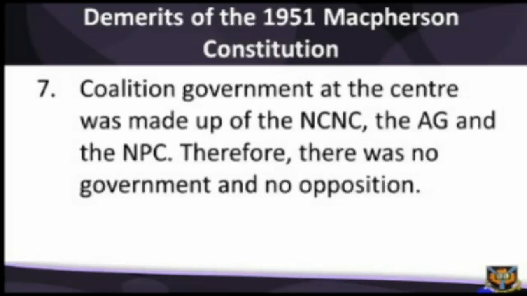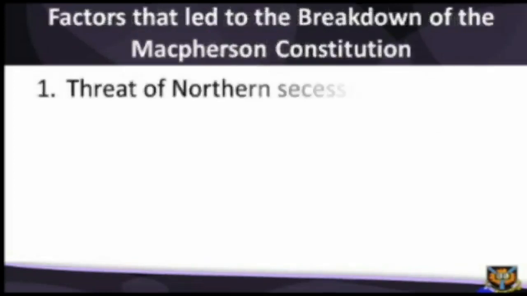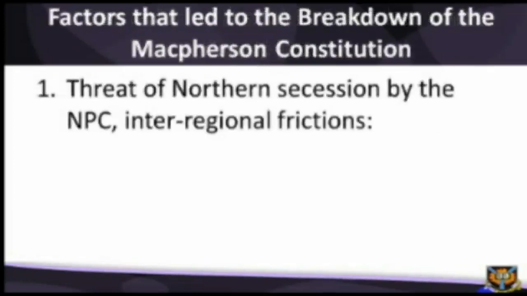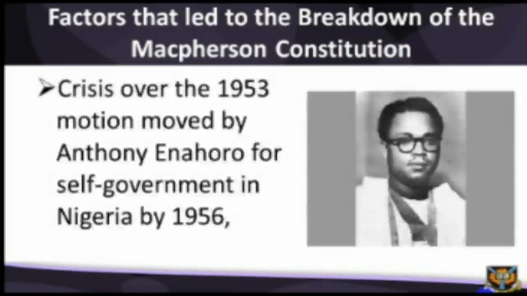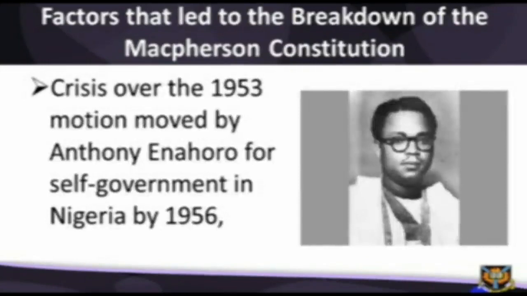Most importantly, however, some factors eventually led to the breakdown of the Macpherson Constitution. These include the threat of northern secession by the NPC, interregional frictions, for example, the Eastern Regional Crisis of 1953 within the NCNC, and the crisis over the 1953 motion moved by Anthony Enahoro of self-government in Nigeria by 1956.